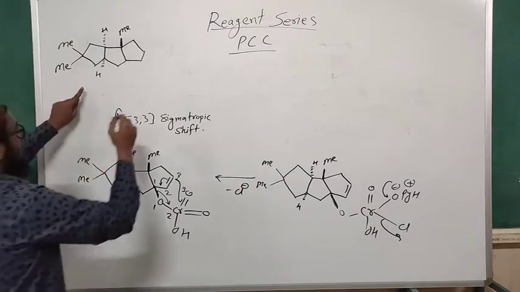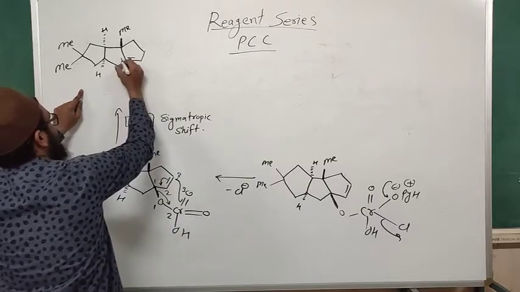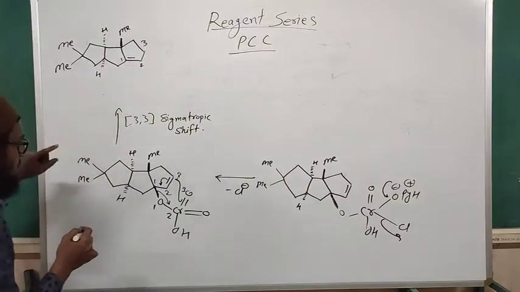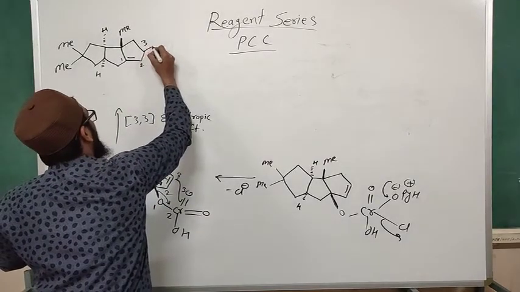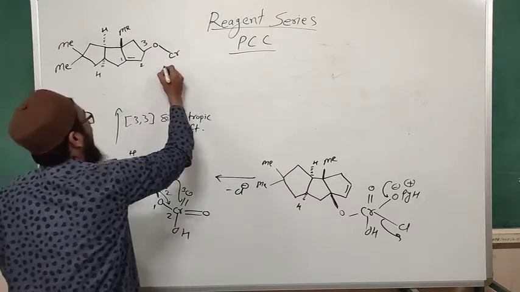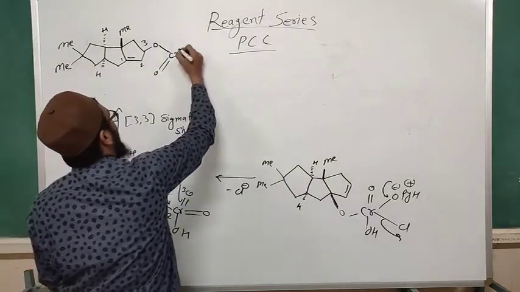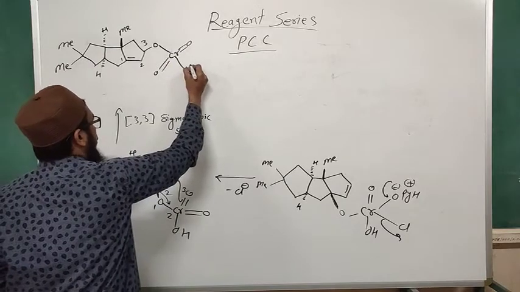Now let me write the structure here. This double bond came here because it is 1, 2, 3. Again I will write the numbers so that you cannot be confused. This is oxygen, this is chromium, and we have a double bond from this side and a double bond from this side and the remaining one OH.